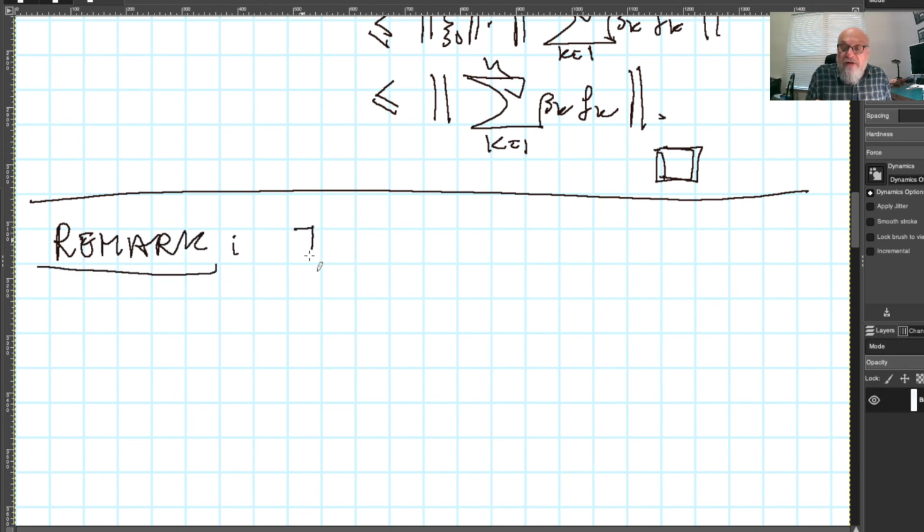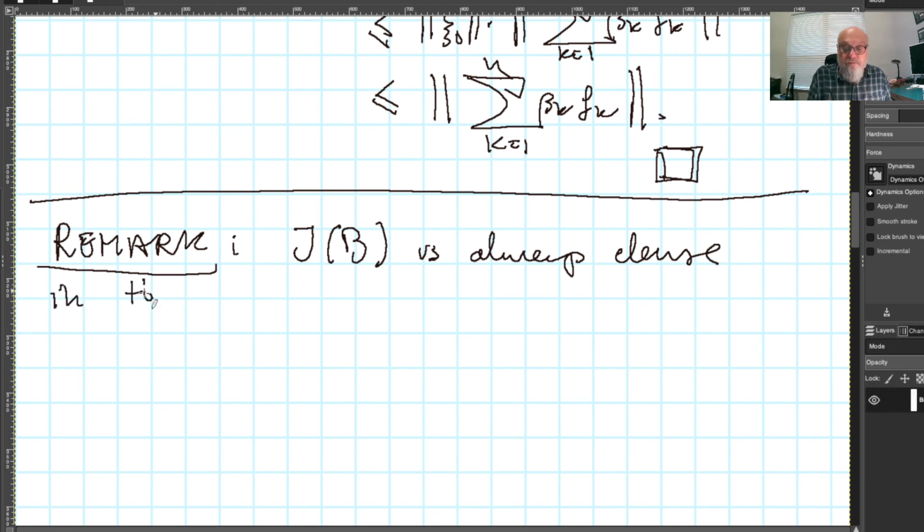Also, you know that J of B is always dense in the topology sigma, dense in B double star, and this one is sigma star.